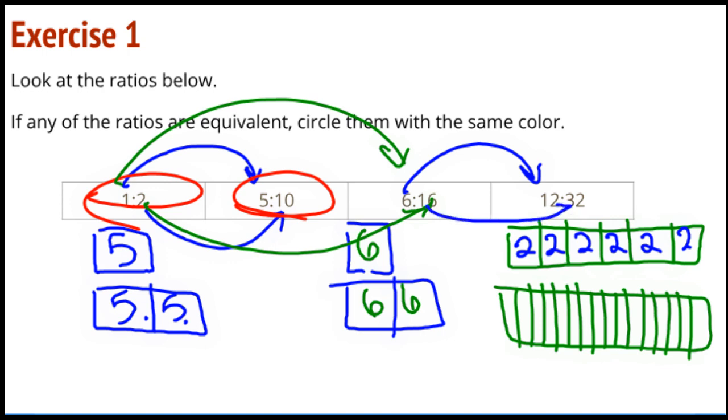And is 16 times 2 equal to 32? 2, 4, 6, 8, up to 32. Yes, these two would be equivalent. And I have the tape diagram to prove it.